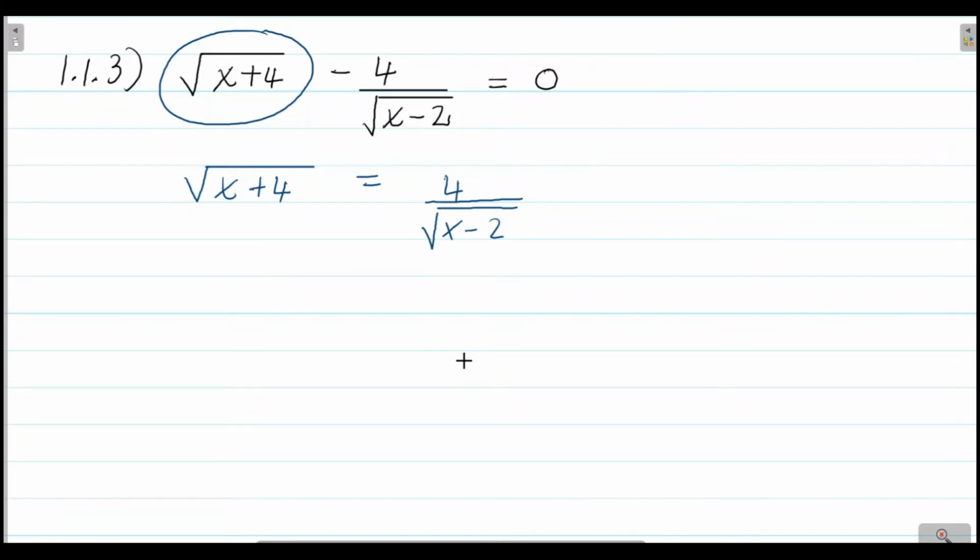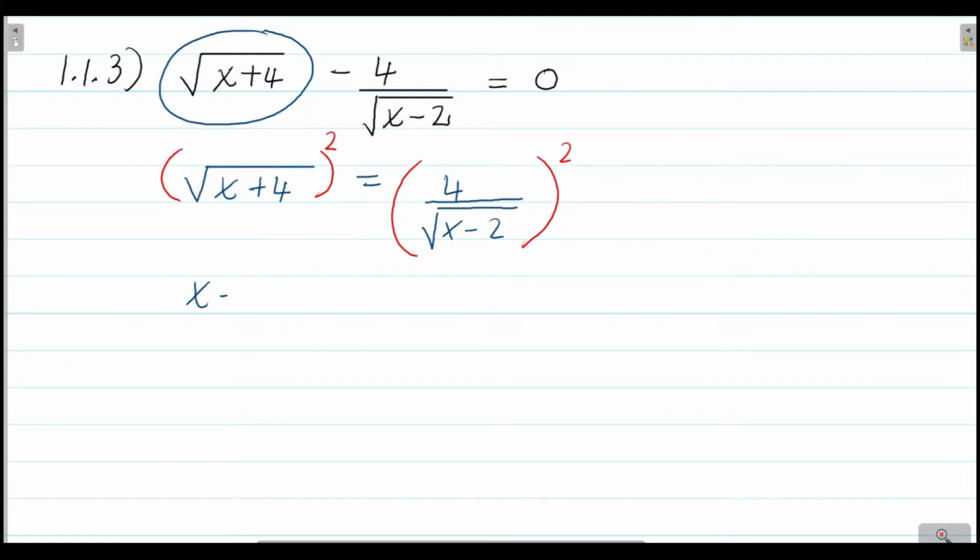The next step is that you need to basically square this surd because we want to get rid of that square root, right? We want to get rid of the surd. So to get rid of the surd, we know that we can square it, right? But what you do on the left hand side, you also need to do on the right hand side. So if you square the left hand side, you need to square the right hand side, right?